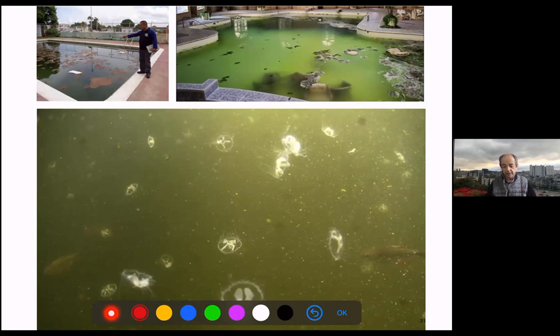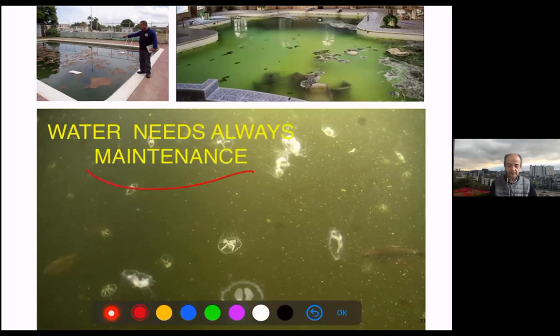But water needs maintenance, right? If you have water unattended for just 1 or 2 weeks, you have a full ecosystem of fungi, algae, insects, and frogs. I cannot believe whenever you have water, frogs appear. I don't know where the eggs come from, but you will have frogs, especially in a climate like Korea.